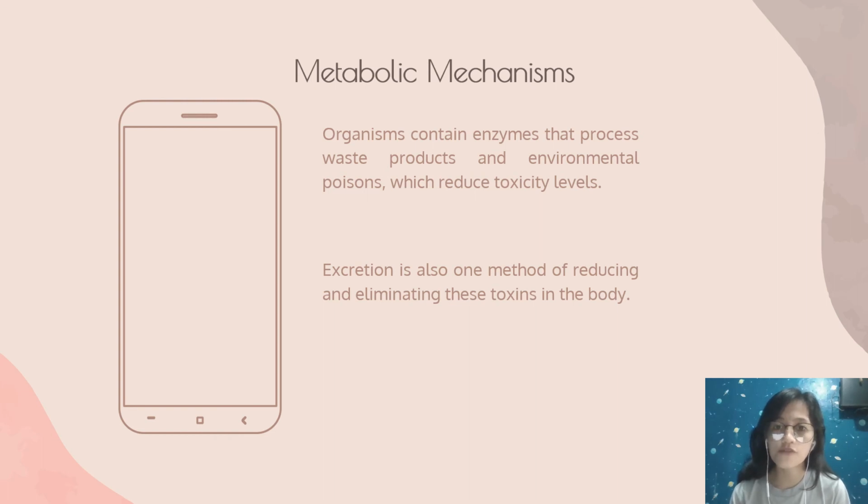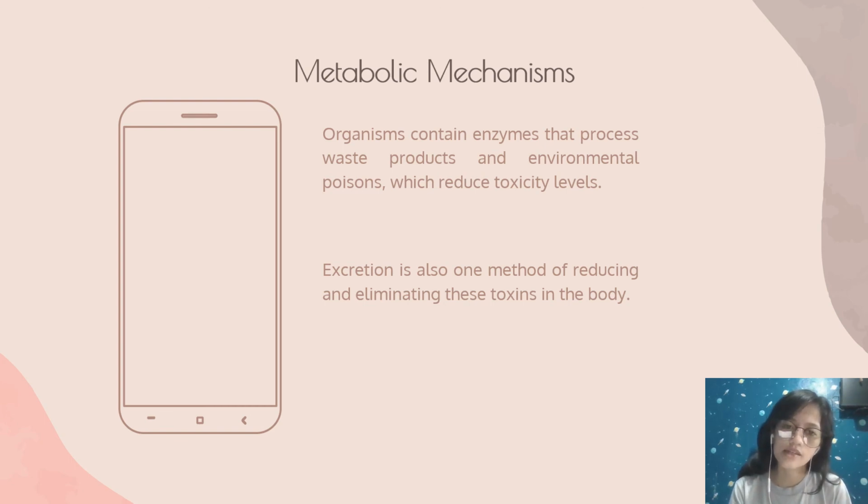It is one of the methods in lowering toxicity levels. Excretion is also one method of reducing and eliminating these toxins in the body. Excretion can be in the form of breathing, sweating, and the kidney as urine formation.